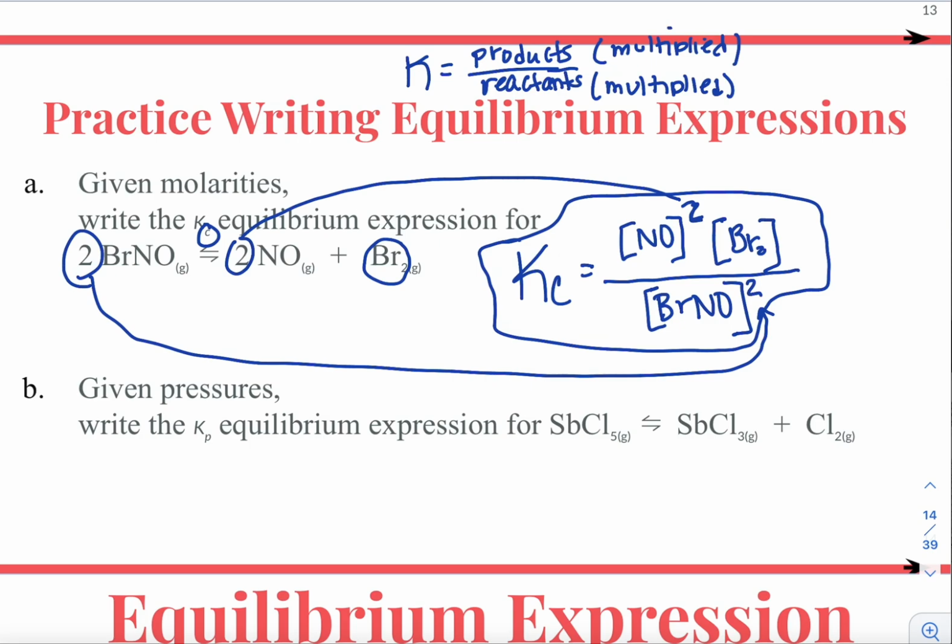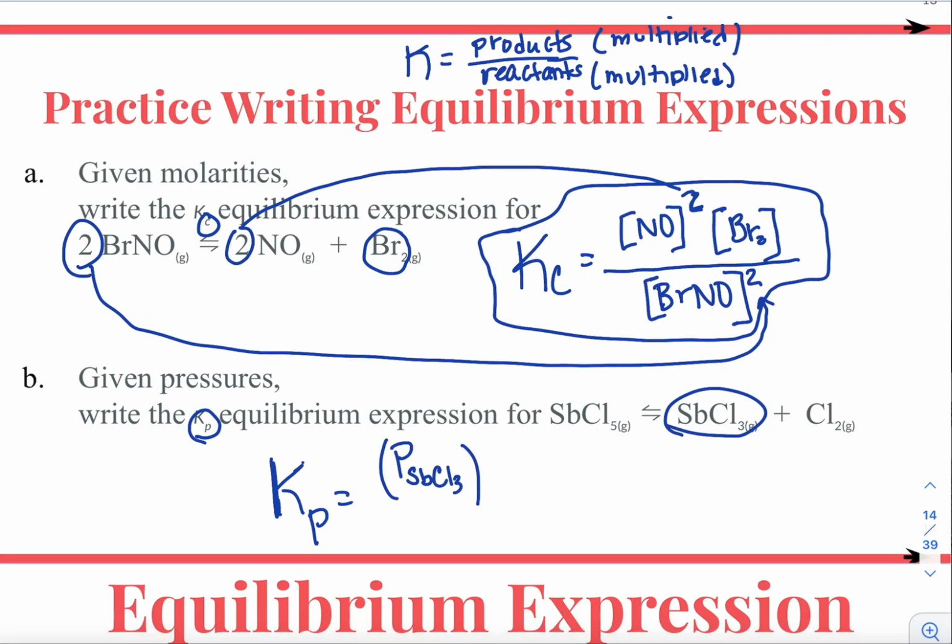So let's do the same thing for B, where this time we're doing Kp. So Kp equals the pressure of SbCl3. So I'm going to use parentheses, and I'm also going to put a P here, and then the substance under here. You'll notice I didn't have to put a C or anything up here because the square brackets already mean concentration.